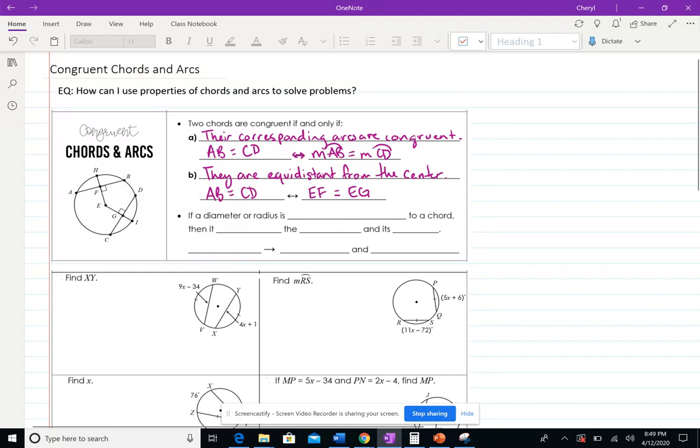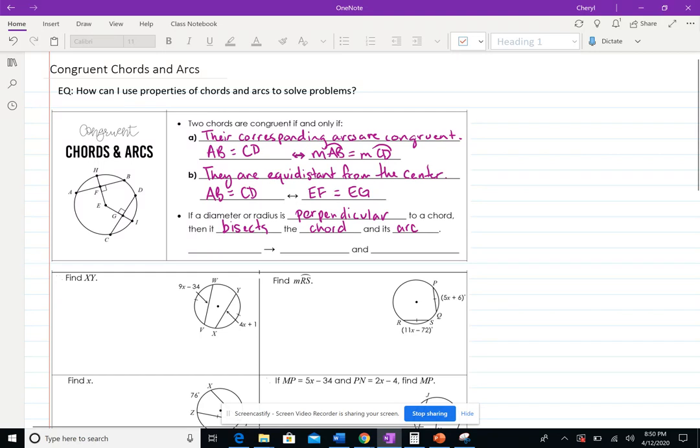Okay, and the final property: if a diameter or radius is perpendicular to a chord, then it bisects the chord and its arc. Perpendicular means crosses at a right angle.